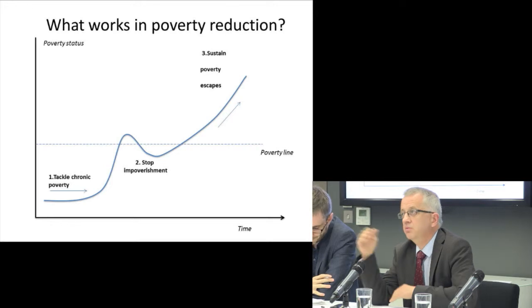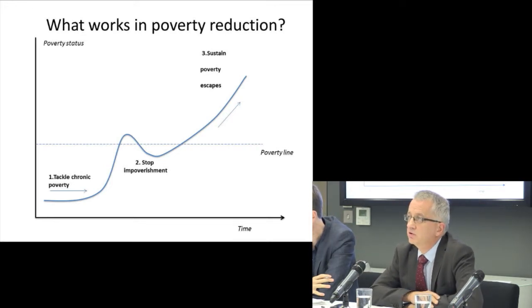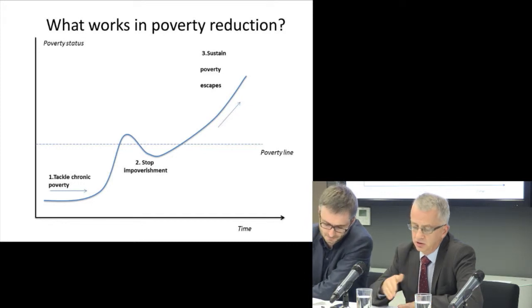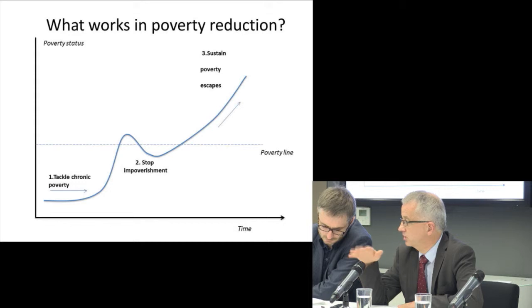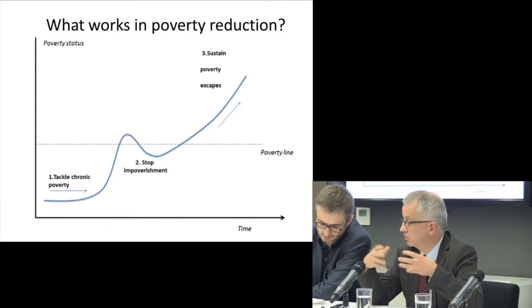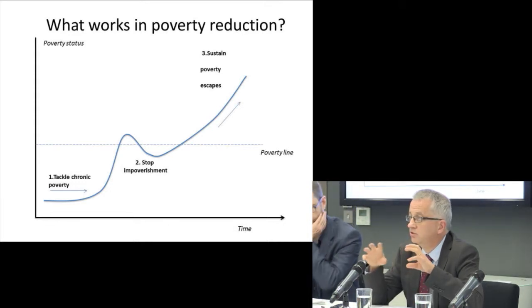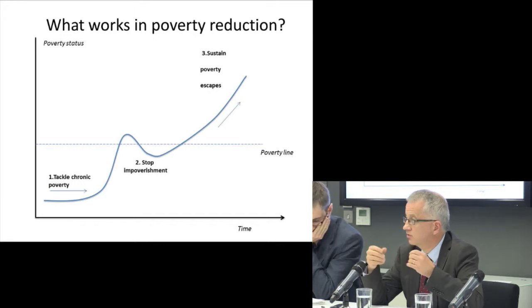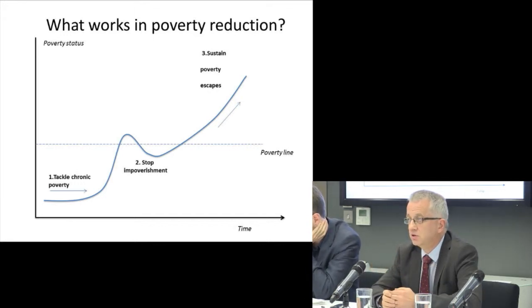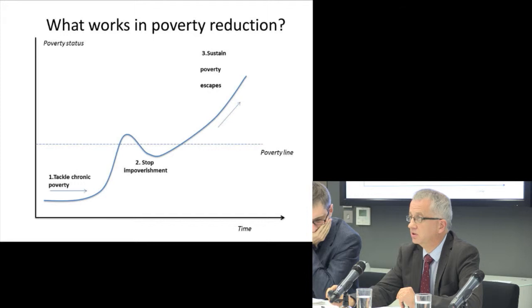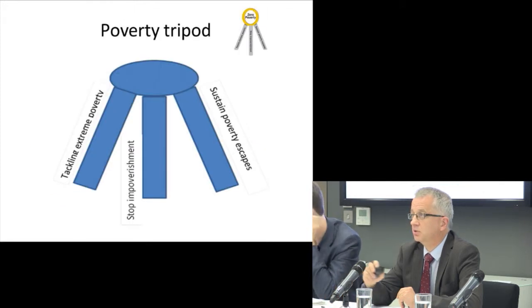And then there is a need for support for sustaining poverty escapes. But making this as a timeline is not really correct, because these things are happening at the same time, all the time. So you need these interventions, these policies simultaneously. This is why poverty is dynamic.